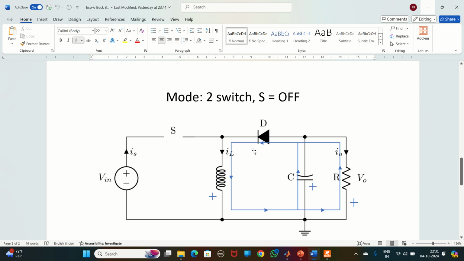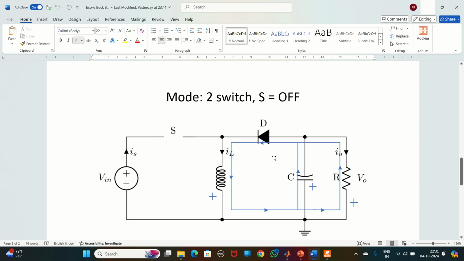The potential VA is greater than VK, so that's why this acts as a closed switch. One path is through the inductor, then capacitor, then diode. Another path is through the inductor, then resistor, and then diode. Current IL will flow through IC and IR.